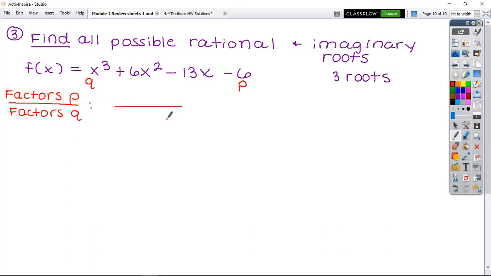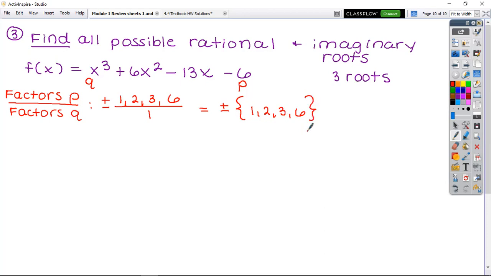Factors of 6 are going to be, yep, go ahead, say it again. 1, 2, 3, 6. Absolutely perfect. What the nice thing about x cubed is, what's the factor of 1? So here's your list. Positive and negative. And then we're going to test these. So you have 1, 2, 3, and 6. So you have 8 of these all together.